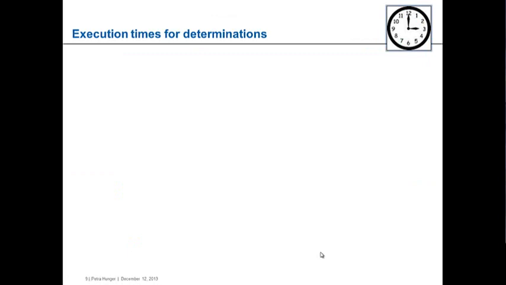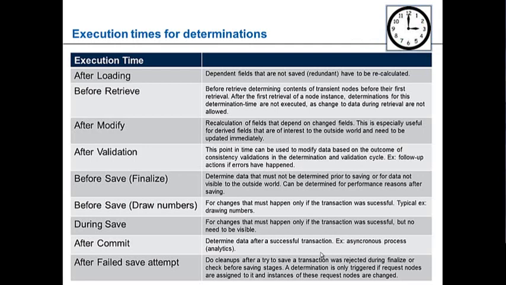So let's look at the execution times for determinations. Those who know user exits may know some of those. In the old world, the user exits were different. Save document prepare, for example, was a user exit that was called after the user had entered all the data and before saving, so that you could do some calculations before saving.